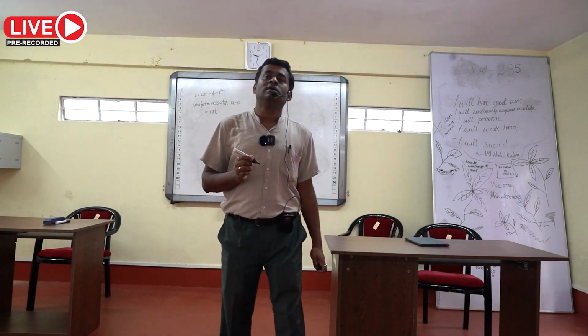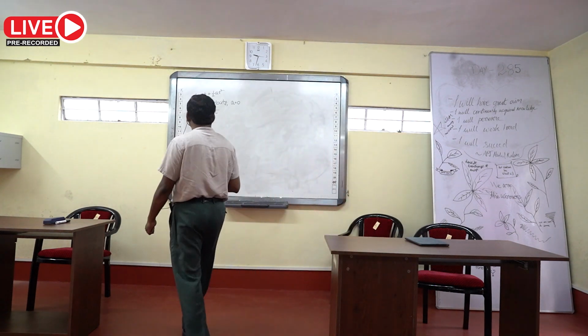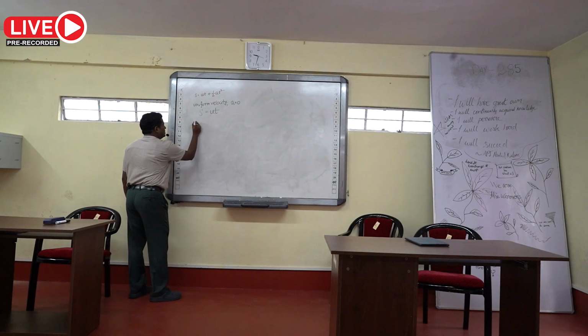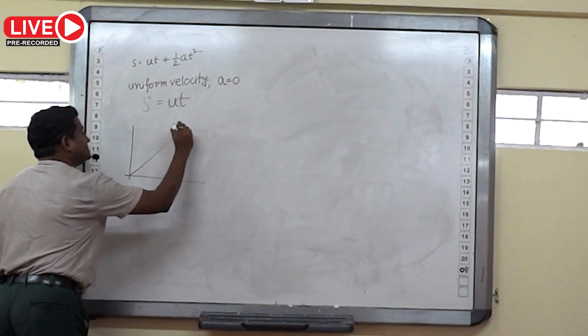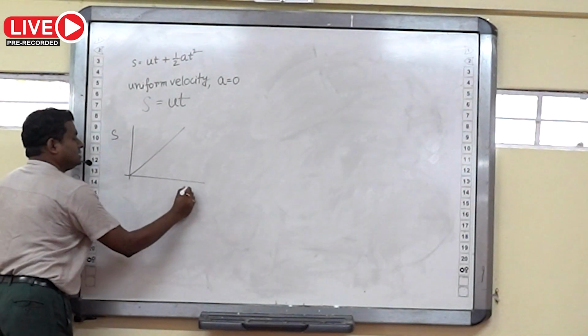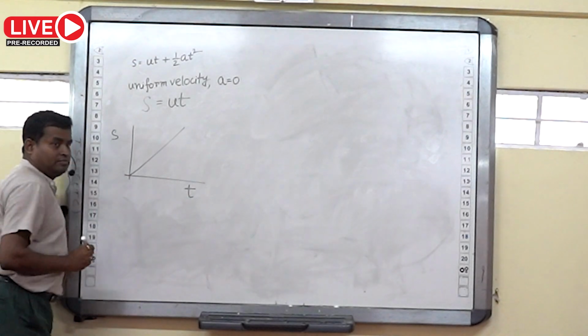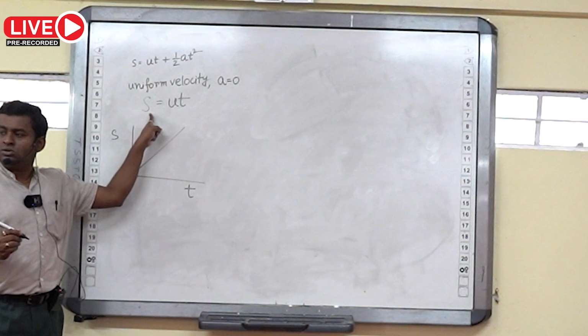And u remains constant. So if we draw a graph of this equation, it will give you a straight line passing through the origin, because this axis is S, this axis is time. Just put t equal to 0, you will get S equal to 0.